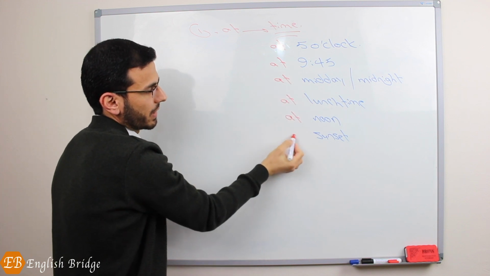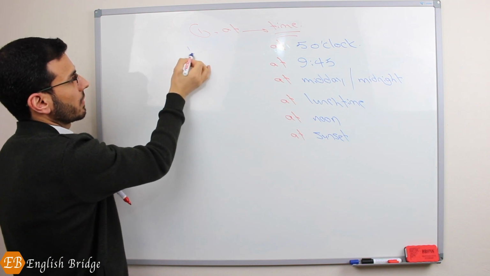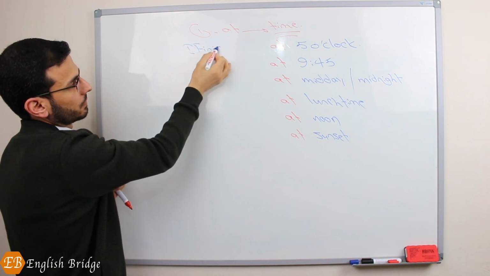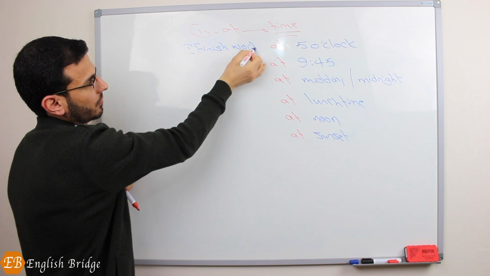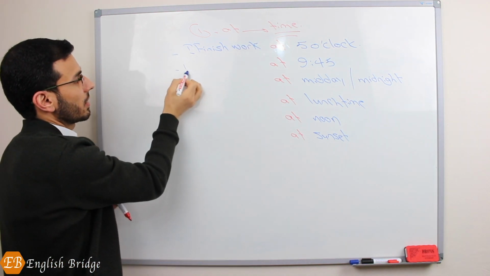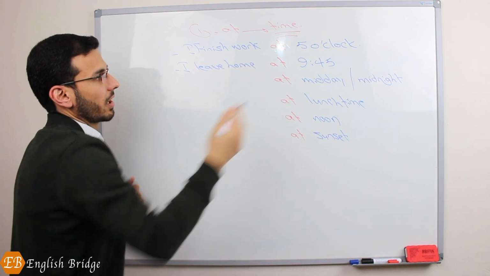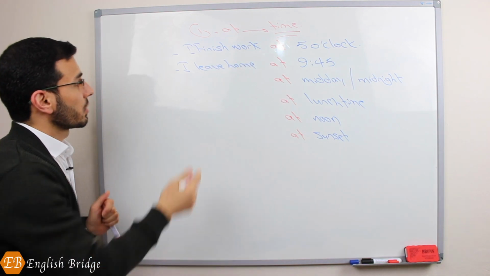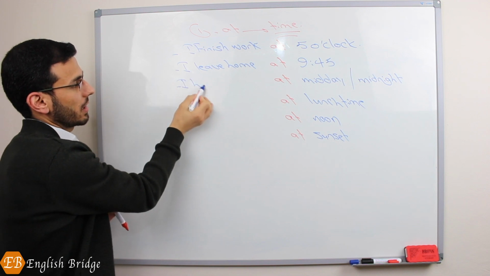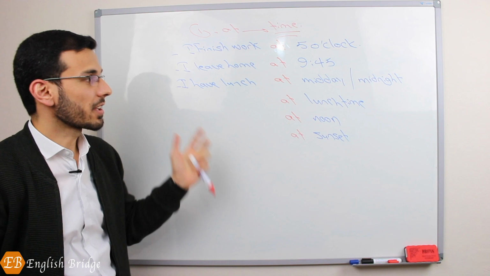Alright, so for example you can say I finish work at 5 o'clock, or you can say I leave home at 9:45. You can say I have lunch at midday, etc.